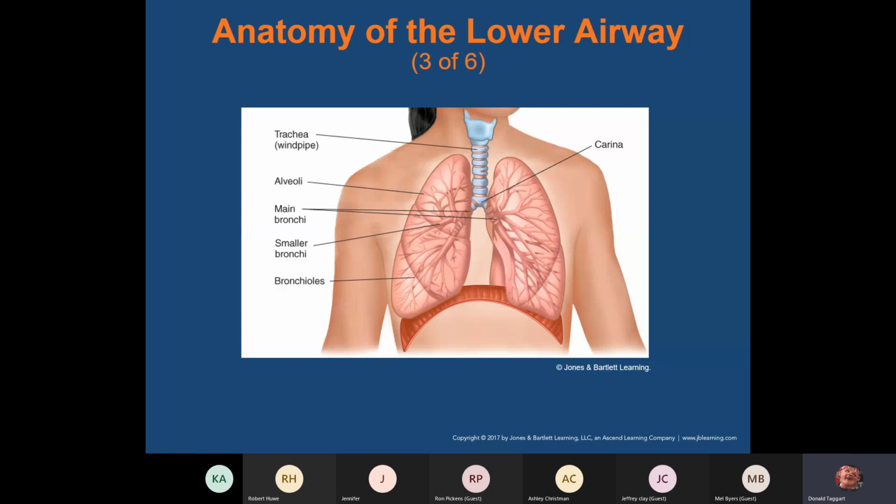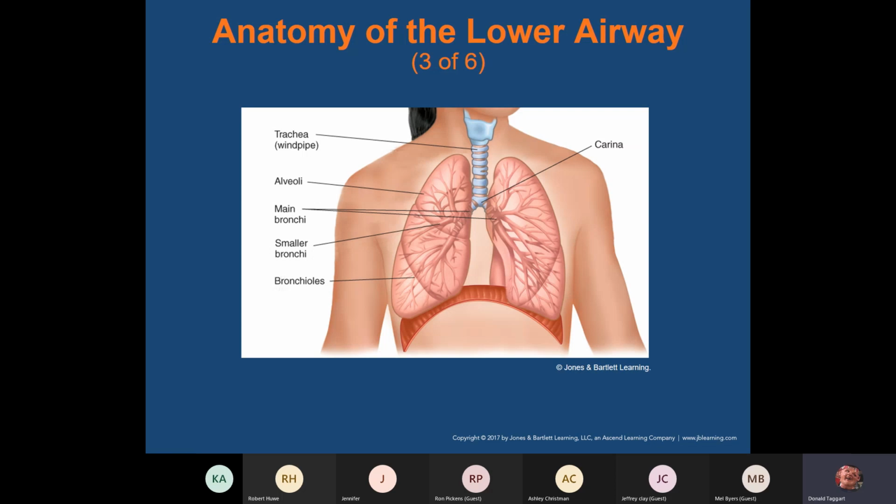If someone's laying on one side, the blood's going to pull down, and the air is going to rise to the top. So it's not evenly diffused throughout. Think about dead space. That's why it's important when we're bagging that we see a little bit of chest rise, because that tells us we're getting air distributed throughout the entire lung field.